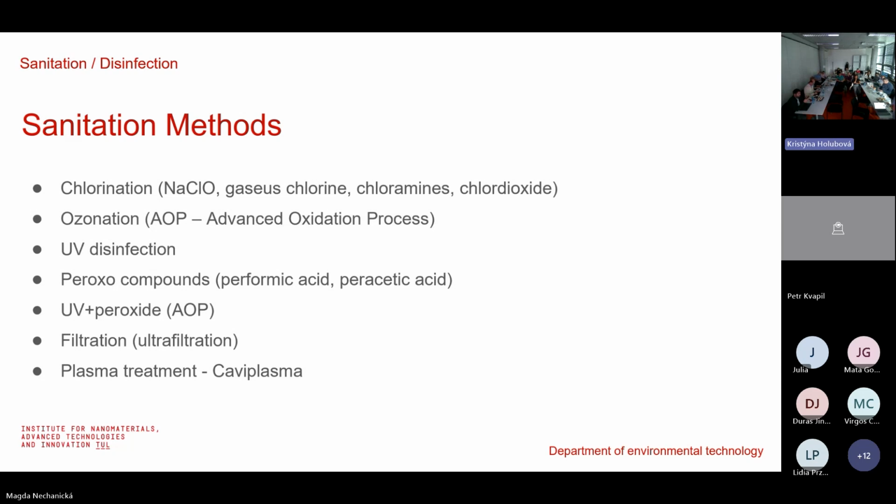UV disinfection was mentioned. We also use this method in our treatment plant. Very nice is the method using peroxide compounds. I will show you some real application. And in the case of our treatment plant, it is filtration by ultrafiltration, which is, as I mentioned before, a barrier method of microbial contamination removal.